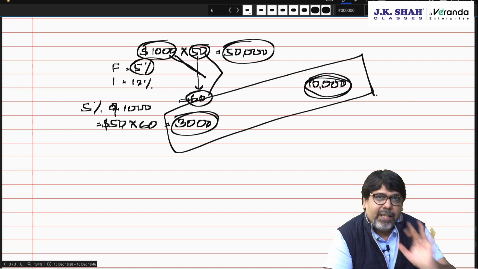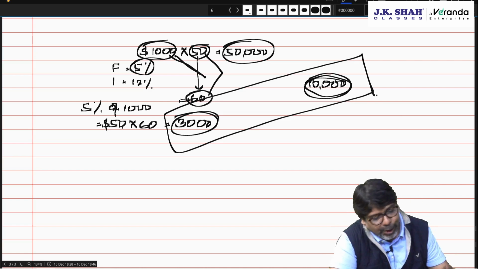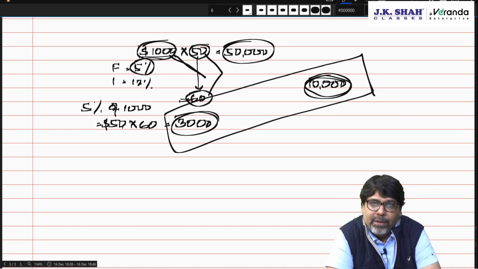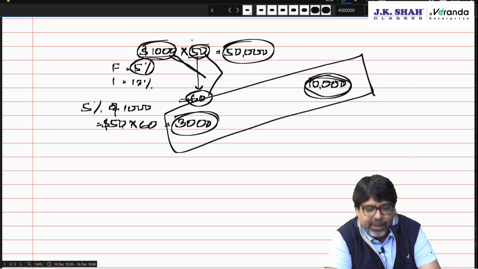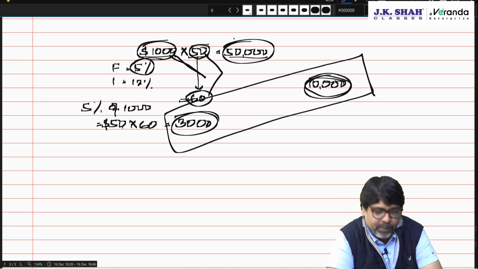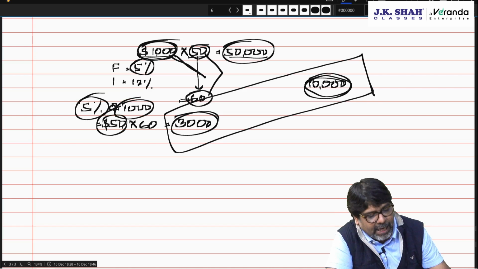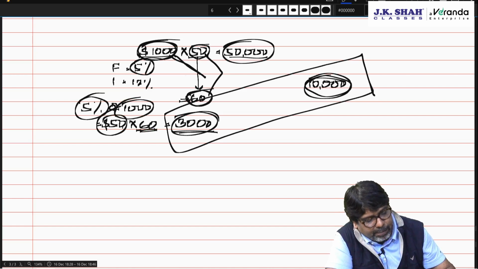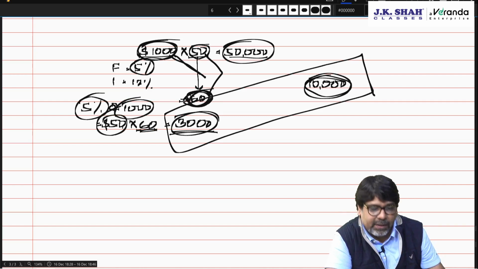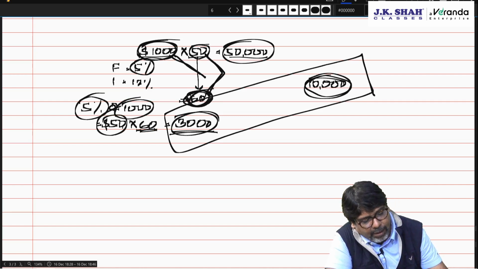Are you understanding your contention? You are saying $1,000 borrowed at rupees 50, so I borrowed 50,000. On this 1,000, I am supposed to pay 5% interest, that is $50. At the end of the year, the dollar rate is 60. That means in INR, I am supposed to pay 3,000 interest. Since the dollar rate has gone up to 60, if I repay the loan, I don't have to repay 50,000, but I have to repay 60,000.